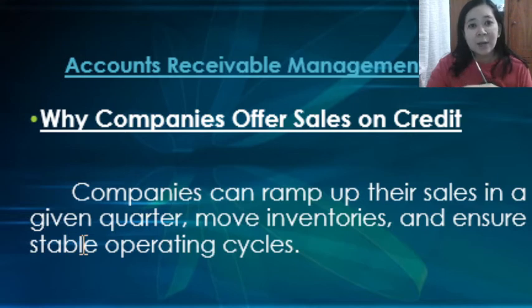So companies can ramp up their sales in a given quarter, move more inventories, and ensure a stable operating cycle. So this should be managed very well, because again, we are talking about extending credit to our customers. There are risks associated with it, such as non-payment and delinquency, delayed payments, or difficulties in collecting the accounts receivable.